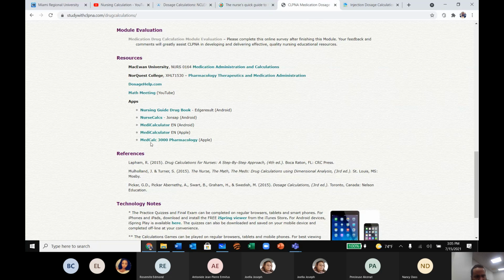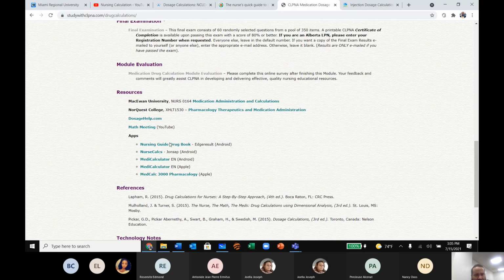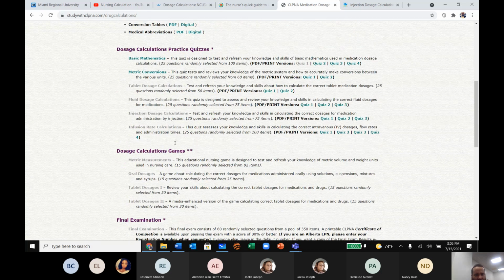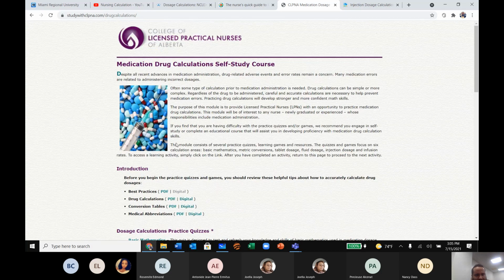Those apps will be very helpful for pharmacology: a medical calculator, Nurse Cap, and the Nursing Guide Drug Book. Those apps would be very helpful for you too. I highly recommend using them to be strong on those topics.